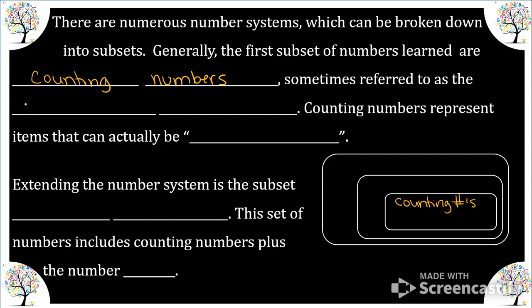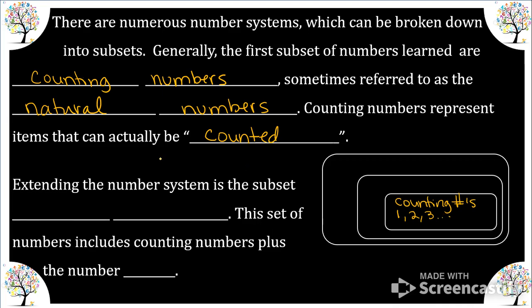Sometimes these are referred to as the natural numbers, so either term is appropriate. Counting numbers represent items that can actually be counted, like counting your fingers or other items. So we start with 1, 2, 3, and so forth.